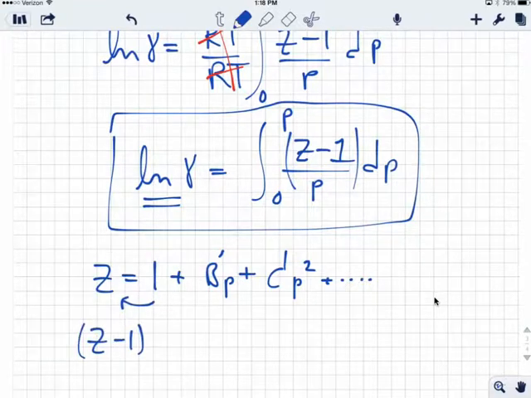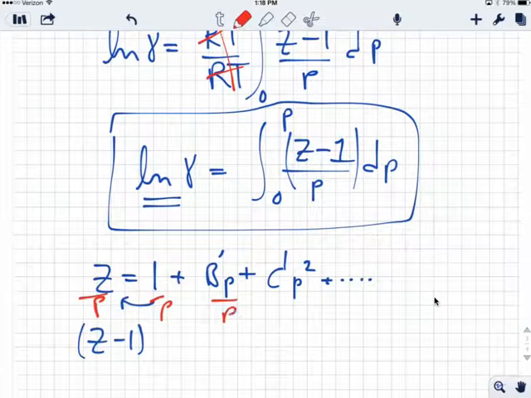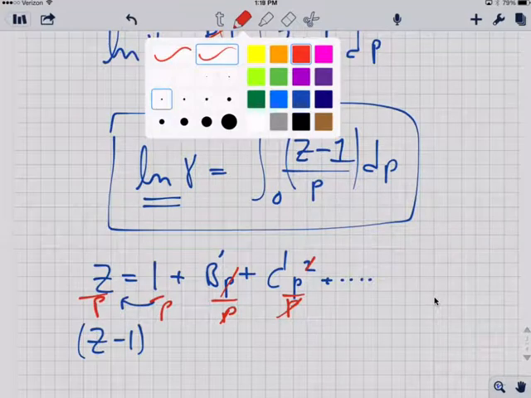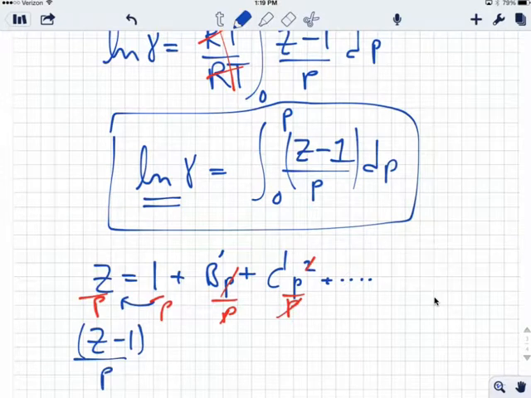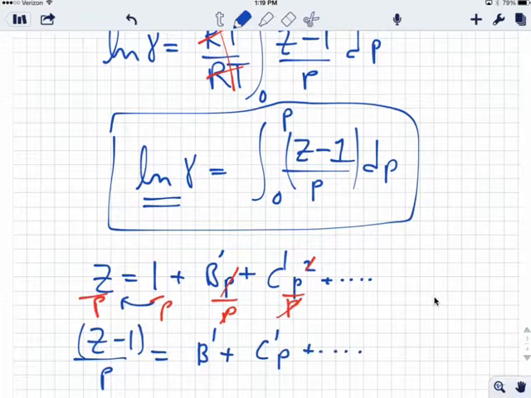We can also divide by pressure, and we notice one pressure term will cancel, and Z minus 1 divided by P, if you use the virial expansion in pressure, is going to equal B prime plus C prime times P, and so on, depending on how far you would take that.